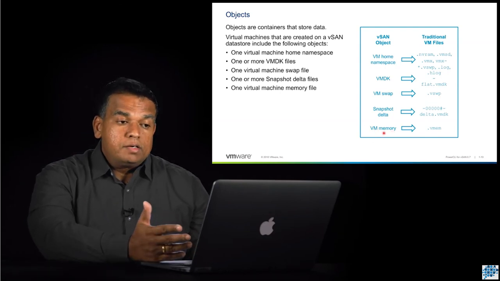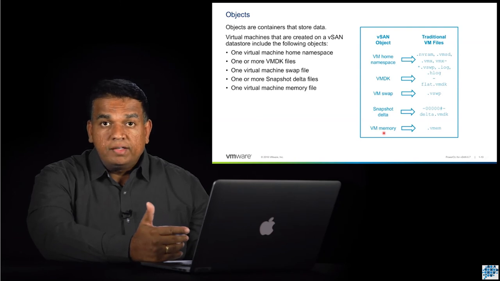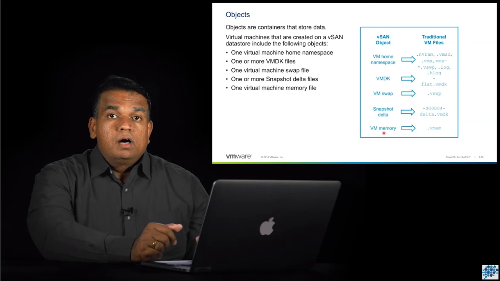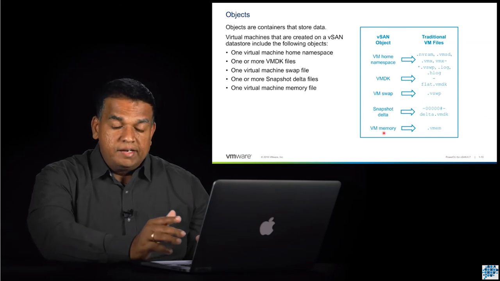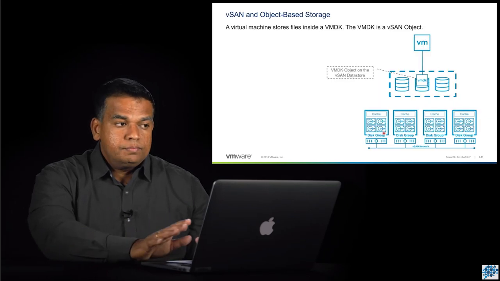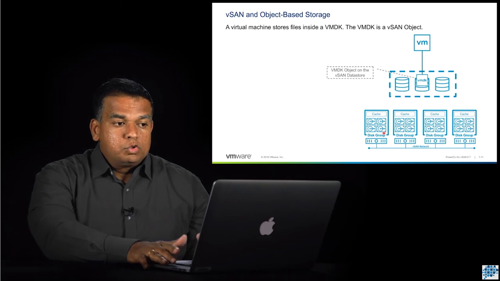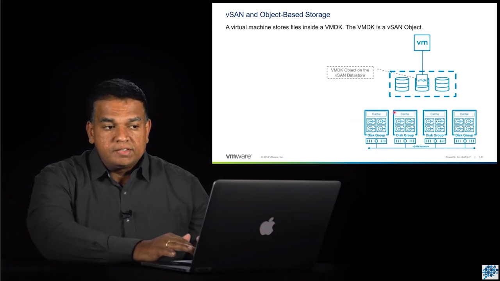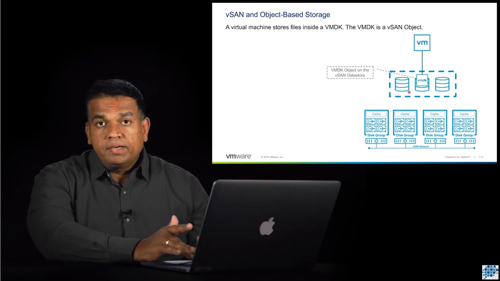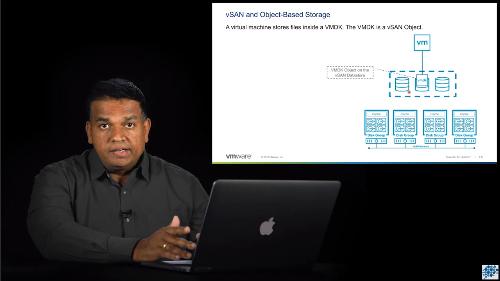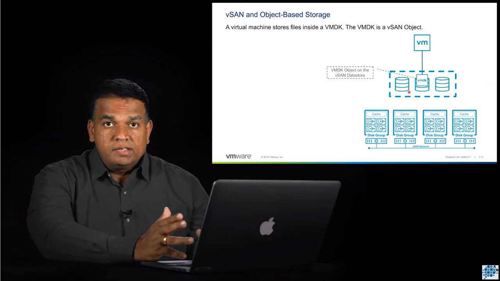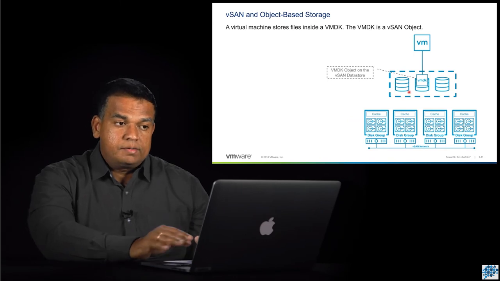These are the different types of virtual machine files which are represented as objects in virtual SAN, or on the vSAN data store. And this is what we were referring to in the previous slide. When we look at a VMDK file, it is nothing but an object on the vSAN data store. So it does not appear as a VMDK file. It's referred to as an object.